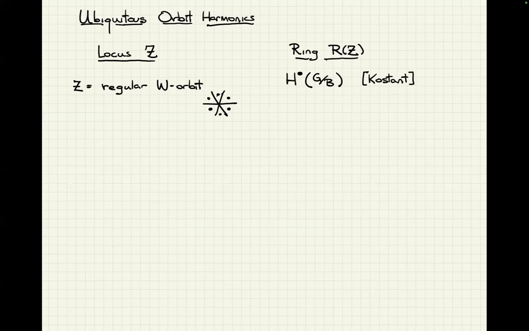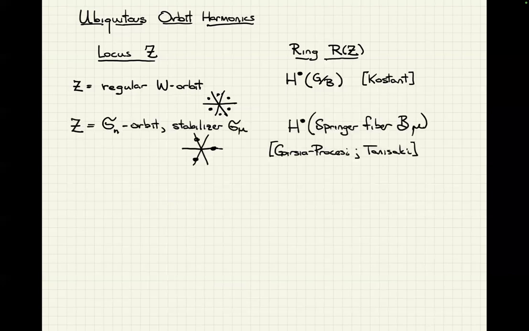It's a result of Kostant that the orbit harmonics ring R of Z is the cohomology ring of the associated flag variety G mod B. And we'll be talking about that in type A in a bit. Next up, let's go back to type A. We'll take a single S_n orbit of points, but maybe assume that some of the coordinates of your points coincide.